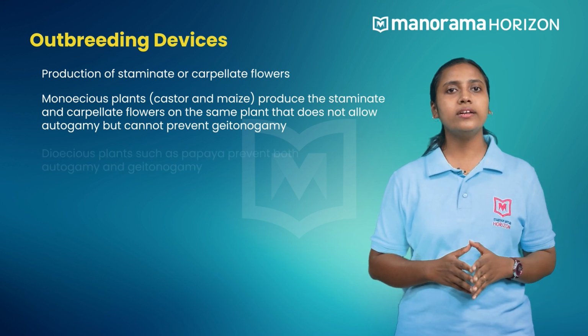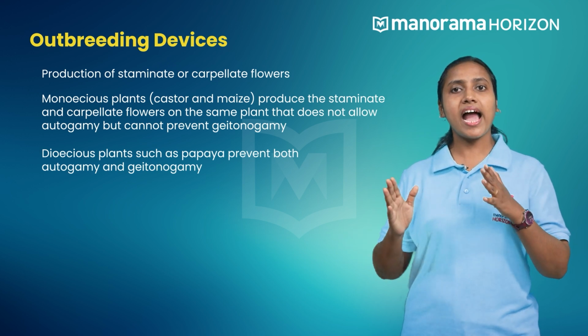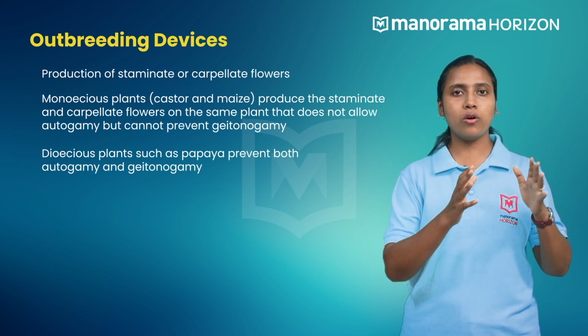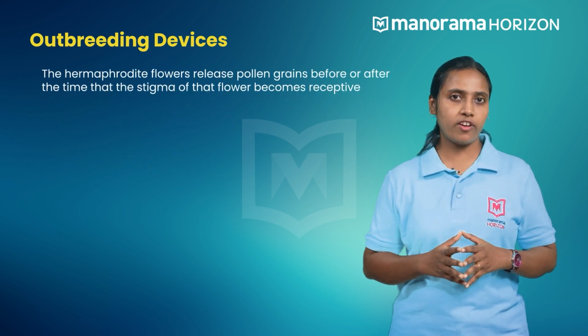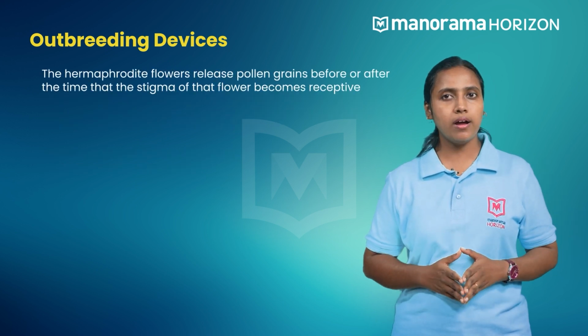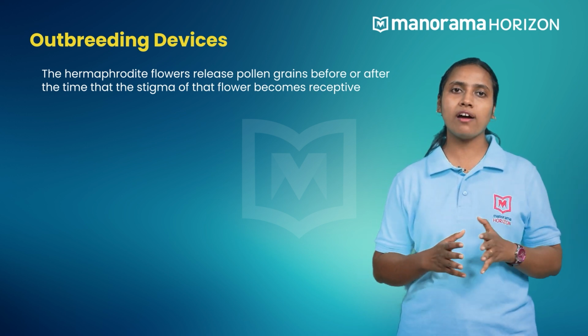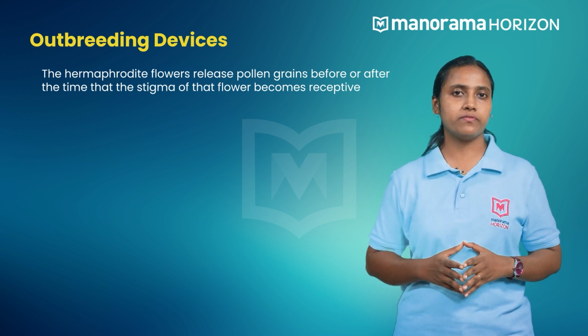On the other hand, dioecious plants such as papaya have male and female flowers on separate plants to prevent both autogamy and geitonogamy. The hermaphrodite flowers with both stamens and carpels release pollen grains before or after the time that the stigma of that flower becomes receptive.